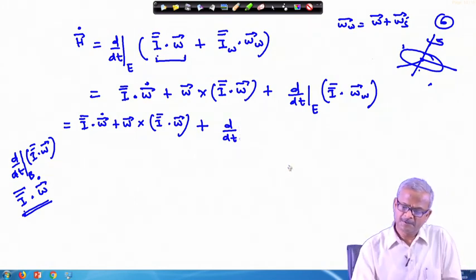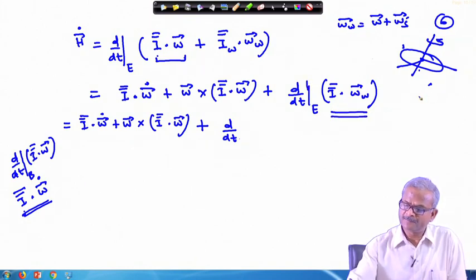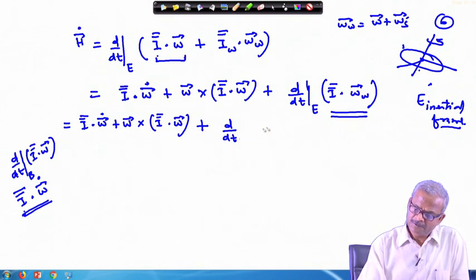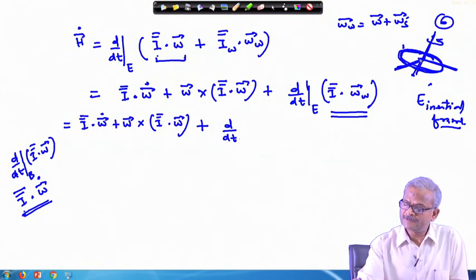While writing this part, this is with respect to the inertial frame. E is the inertial frame. So, I have to consider that we are taking this wheel as a separate entity. So, I fix a frame here, a body frame, to this rotor which is rotating.